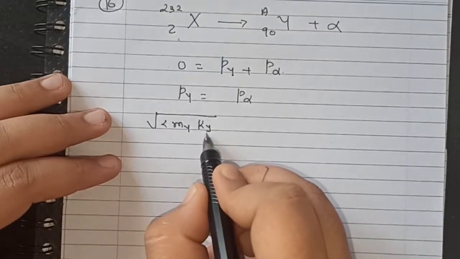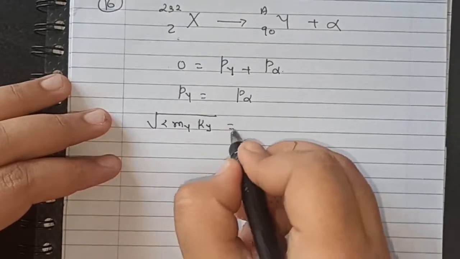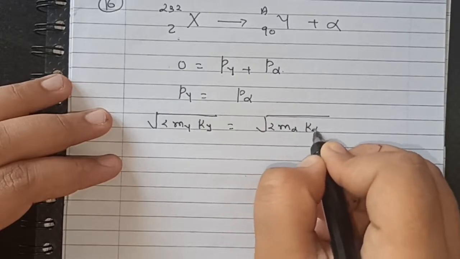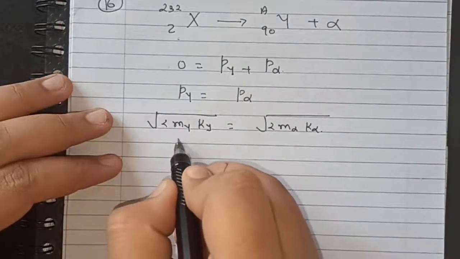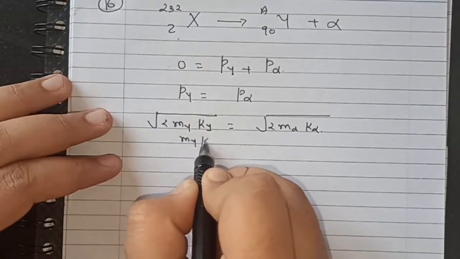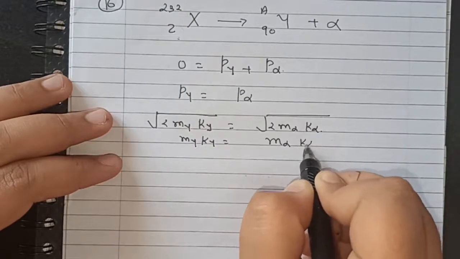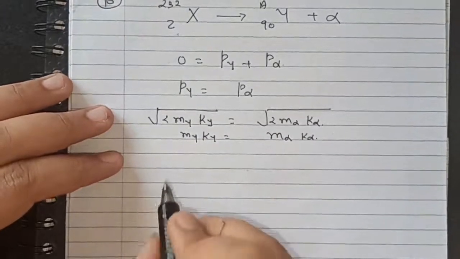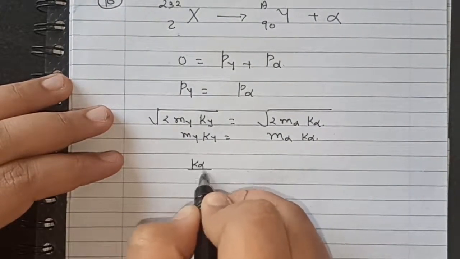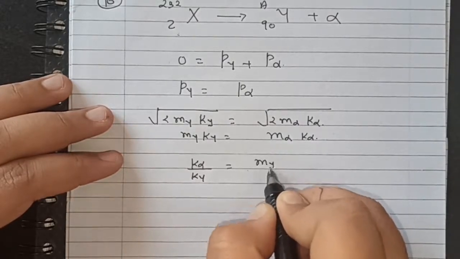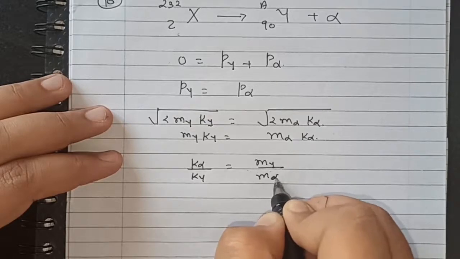Let's say Ky is the kinetic energy of Y, so under root 2 m_Y Ky is equal to under root 2 m alpha K alpha. From this we can write m_Y Ky is equal to m alpha K alpha. So K alpha by Ky is equal to m_Y by m alpha.